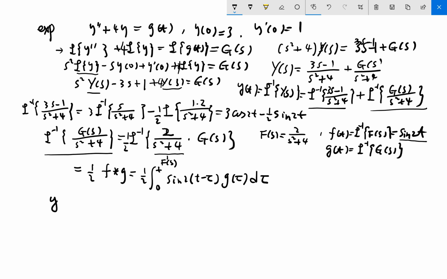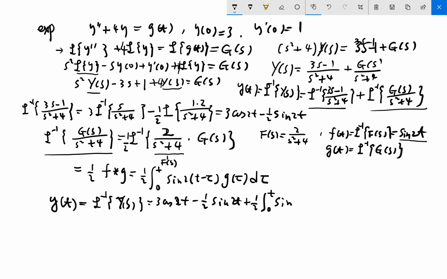Therefore, my small y sub t, which is our solution, is the inverse Laplace transform of capital Ys, equal to 3 cosine 2t minus 1/2 sine 2t, plus 1/2 integral from 0 to t of sine 2 times t minus tau, then g sub tau d tau. Now, if they specify g, you just plug in, integrate that, and you find your solution.